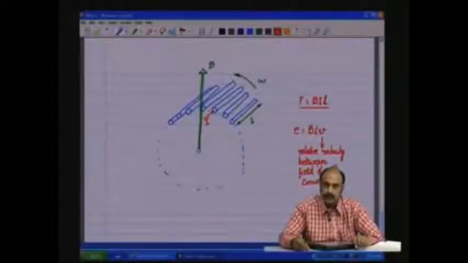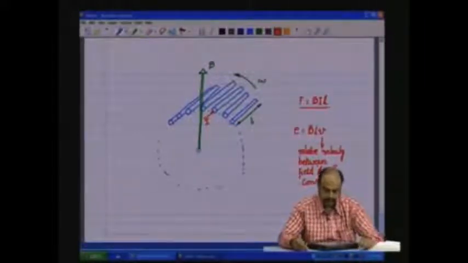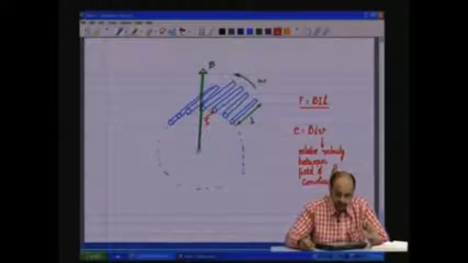So, there are two ways in which to bring about the relative velocity. You can keep the field fixed, as we did in the case of the DC machine, and the conductors were moved, or you can make the field rotate and the conductor also moves and tries to catch up with the field. So, you have these two effects which come into play in the case of the induction machine.